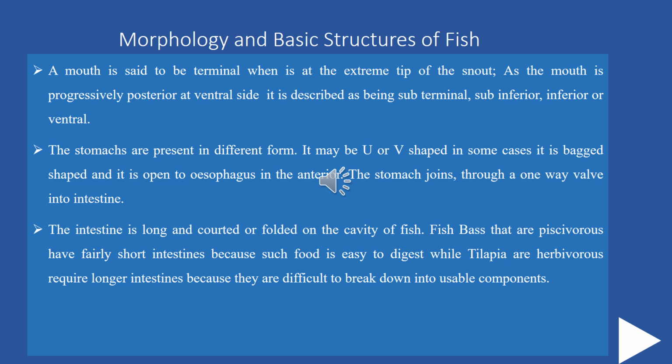As the mouth is progressively posterior to this position on the ventral side, it is described as being subterminal, subinferior, inferior, or ventral. A mouth which is dorsal to terminal position is said to be obtuse.